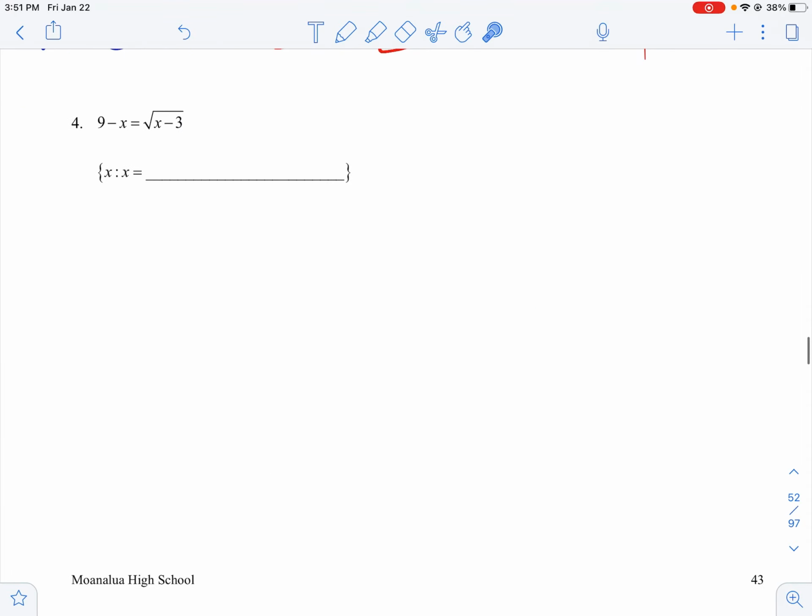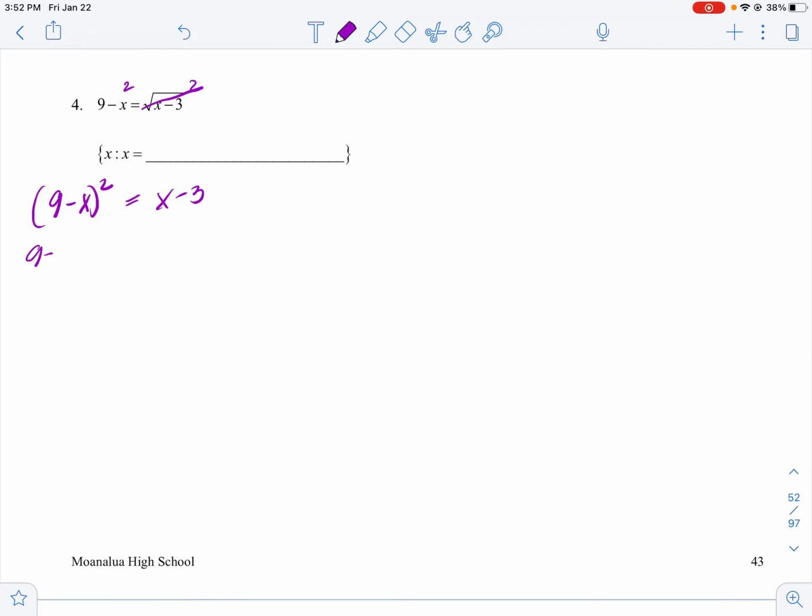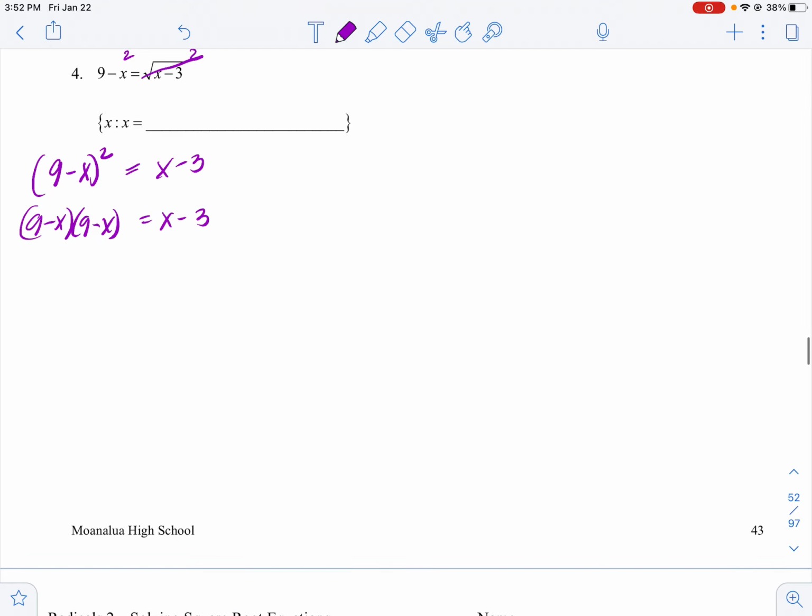Okay, example number 4. We have the square root of 9 minus x equals x minus 3. Square both sides, the square and the square root cancel. You have a squared x minus 3. So that's 9 minus x, all squared, equals x minus 3.